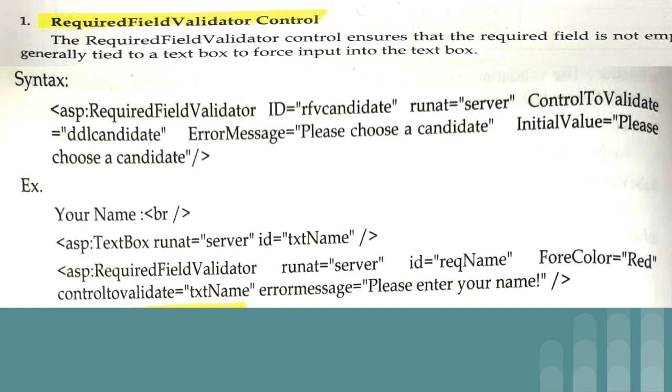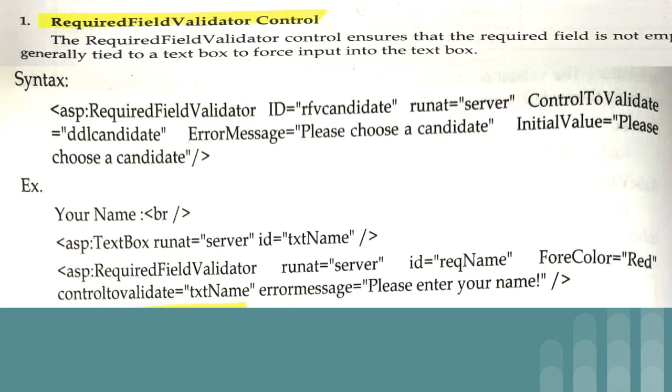Next one is error message. Whenever there is an error, whatever message you want to display, you can write inside the error message. By default, whenever we take the error message attribute, the name of the validator control is given within it as a message. So we just need to remove that message and write down your own message.